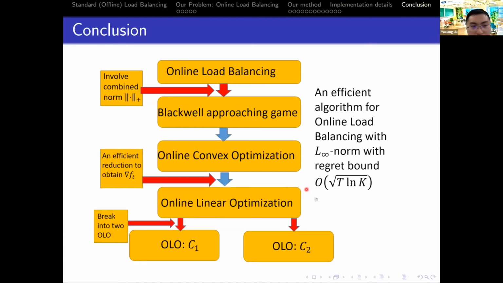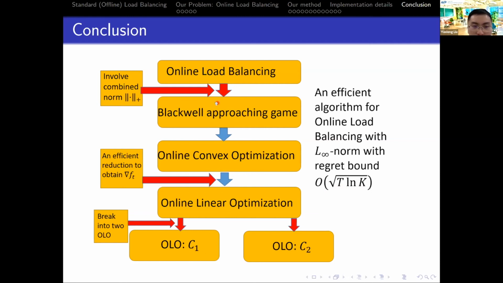Now, conclusively speaking, this paper showed us an efficient algorithm for the online load balancing problem with respect to the L infinity norm, and the regret bound is square root of T times log K. And we reduce the online load balancing problem to a Blackwell game, to an OCO game, and OLO game, and further to 2 separated OLO games, C1 and C2.